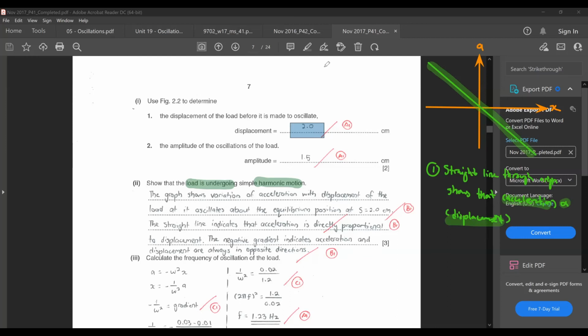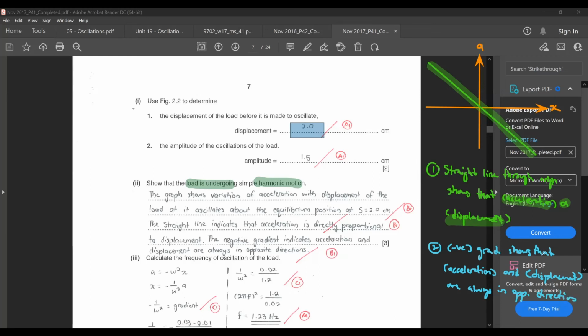And then the second thing that you tend to look for is the gradient. Okay, so if you see negative gradient, it shows that acceleration and displacement are always in opposite direction.